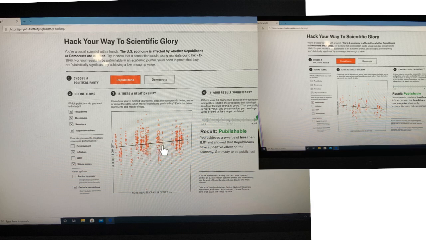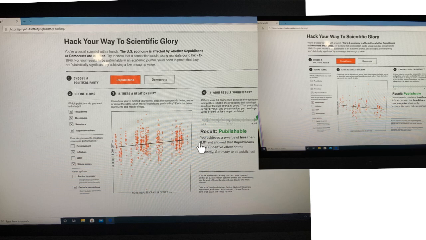So right here, if I choose these categories here so that the data under these categories is all compiled, you can show that Republicans have a positive effect on the economy. So you could publish this paper and you could go on Fox News, right? Because you cherry picked your data to get a result that had a p-value of, in this case, less than 0.01.